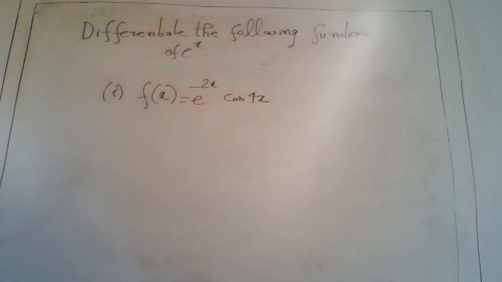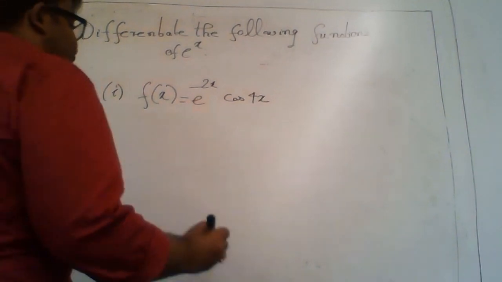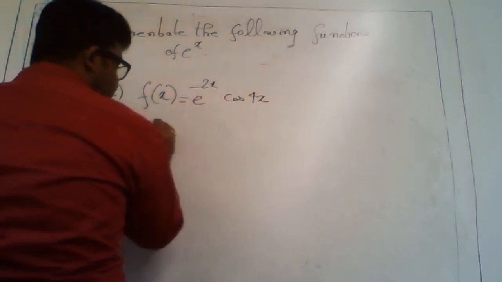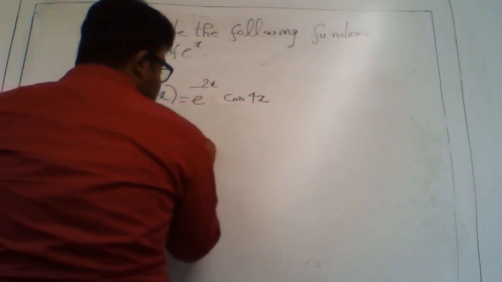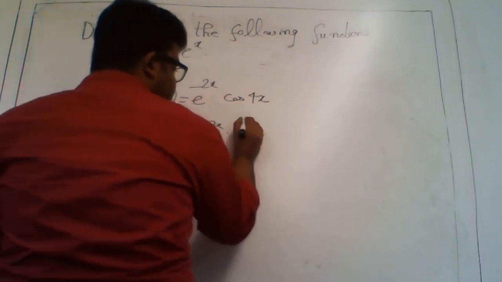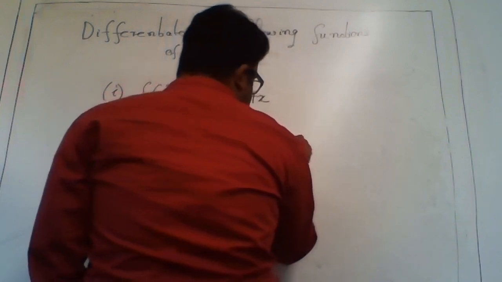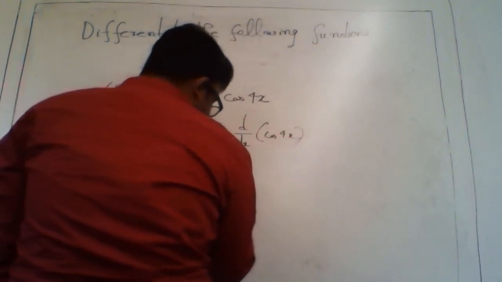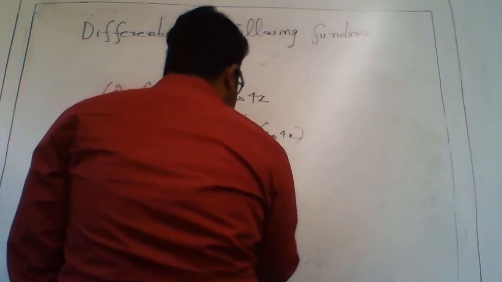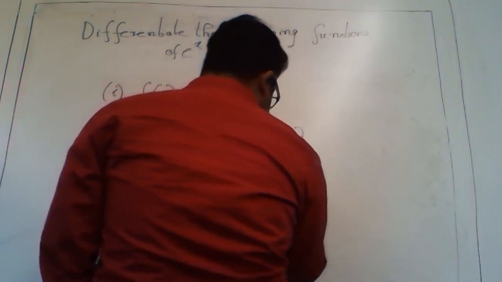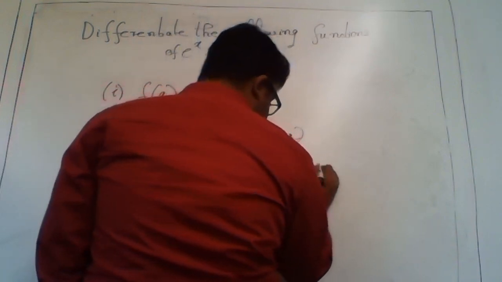So here, first of all, you need to apply the product rule. So f prime x will be the first function times the derivative of the second, plus the derivative of the first times the second.